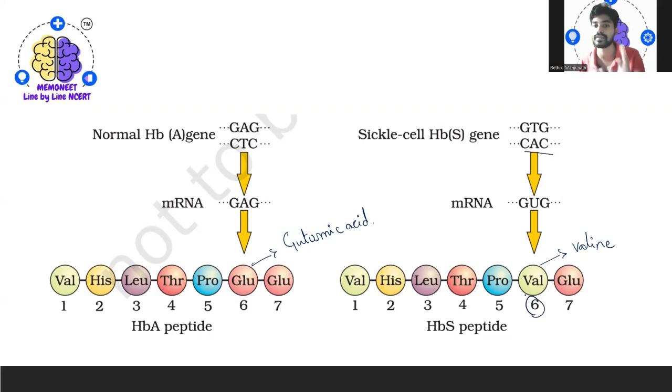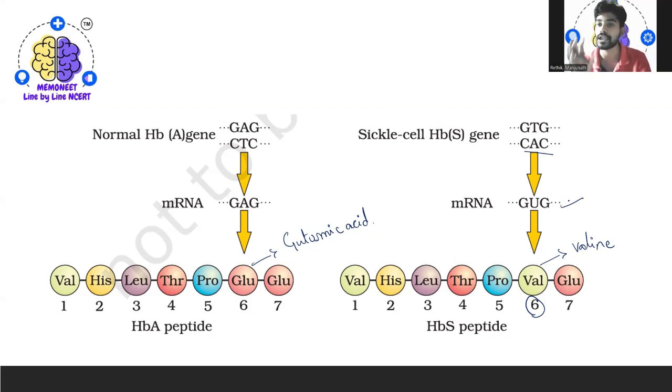Obviously, if there is a change in position, the codon also gets changed. So the change that you can see here is in the beta globin gene, from CAC it gets substituted or changed to GUG.